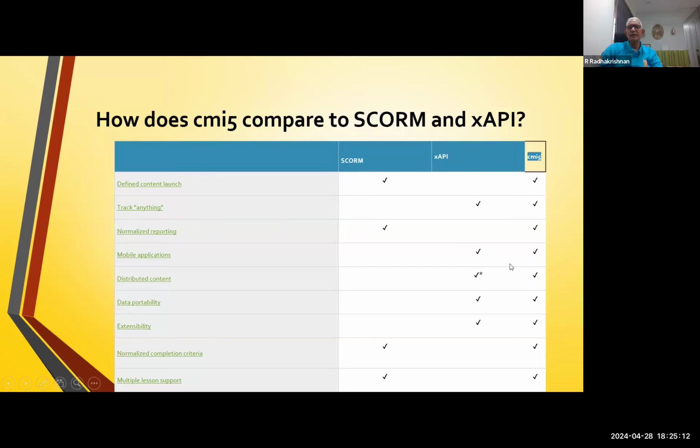For mobile applications, xAPI is compatible, and cmi5 is also compatible, whereas SCORM cannot be put on mobile applications. There are about 7 or 8 key areas where SCORM, xAPI, and cmi5 can be compared, and you will know which one has which features.